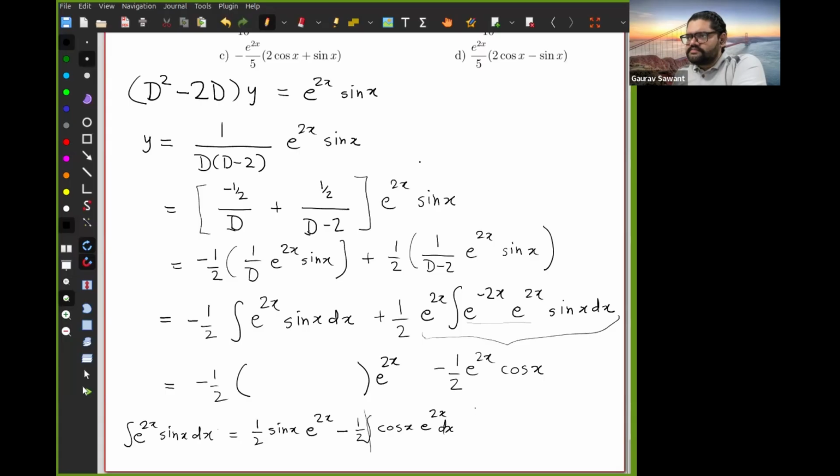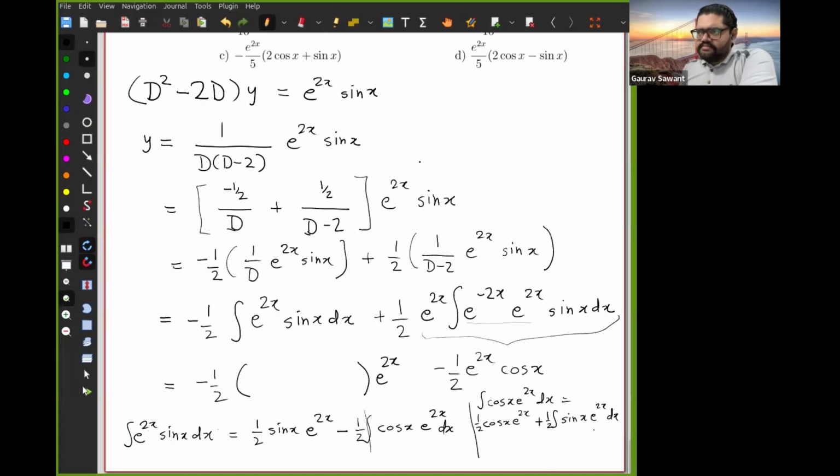So the integral of cos x e power 2x dx will be half cos x e power 2x, minus, and there will be a plus because when I change sign, I will have something else, so plus half again sin x e power 2x dx.